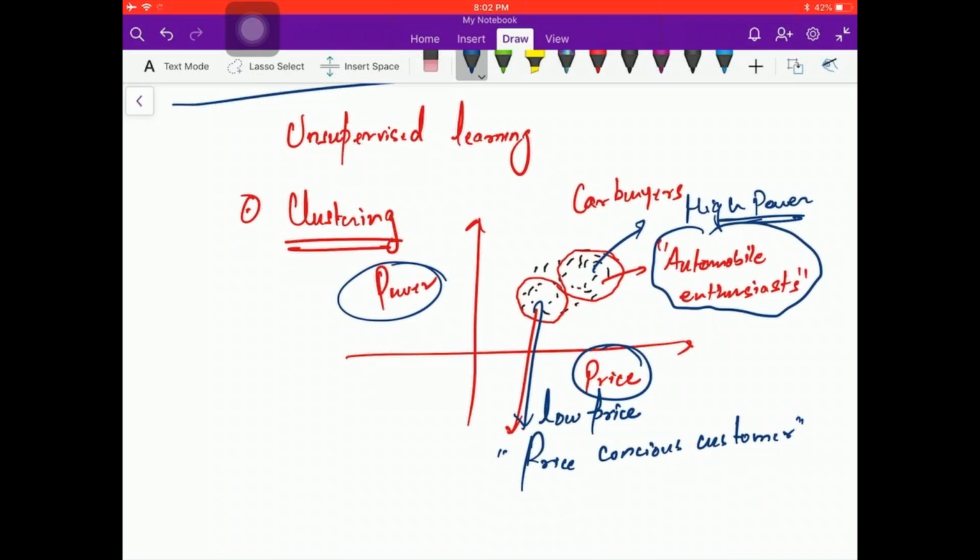I don't know the common cars in the US. For example, in India, Maruti Suzuki is a brand which has established itself as a car manufacturer for more price conscious people. They don't want a lot of power.